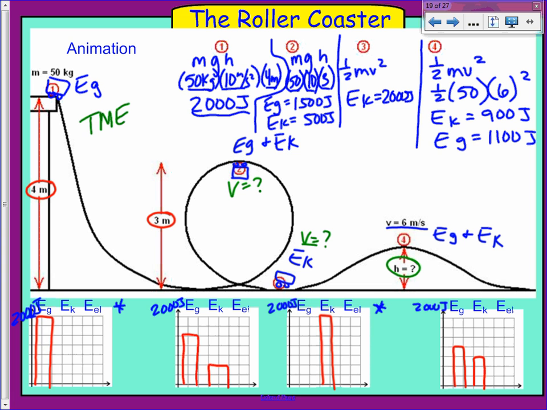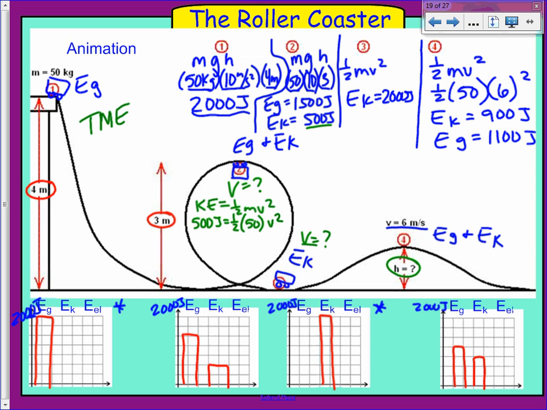At spot 2, you'll remember that we calculated the kinetic energy to be 500 joules. Since the kinetic energy is 500 joules, we're going to use our kinetic energy formula of 1/2 mv squared, and plug in the values that we have. The kinetic energy is 500 joules. That's equal to 1/2 the mass, which is 50, and then my velocity squared.